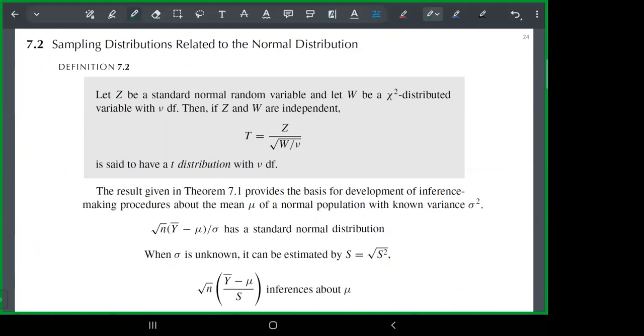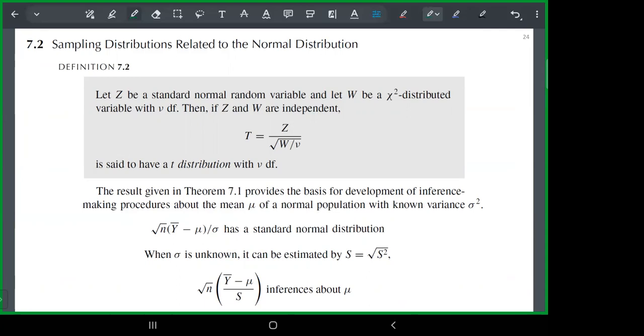Now things get more complicated, because you build another function, Z divided by square root of W over nu. It's not that bad because it has a name: it's called the T distribution. But then you don't want to deal with a distribution like this anymore because it's too complicated. But I hope you see the connections.